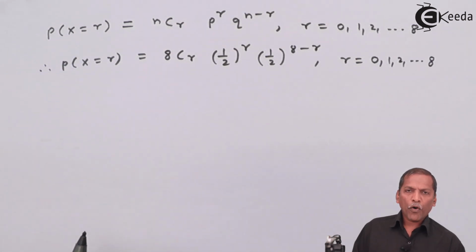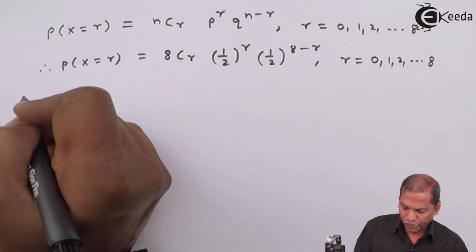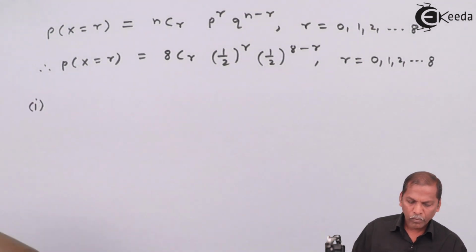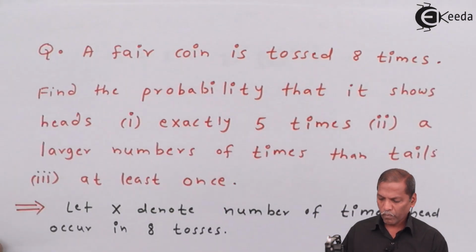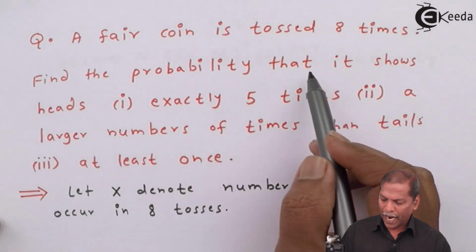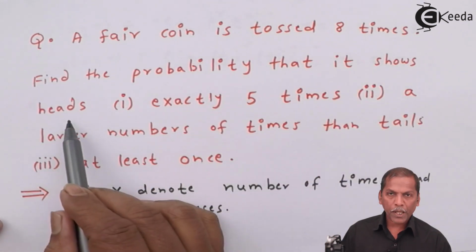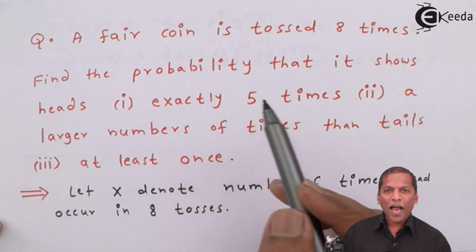Now we go for solving question number 1. In that case, we have to find the probability that it shows heads exactly 5 times.